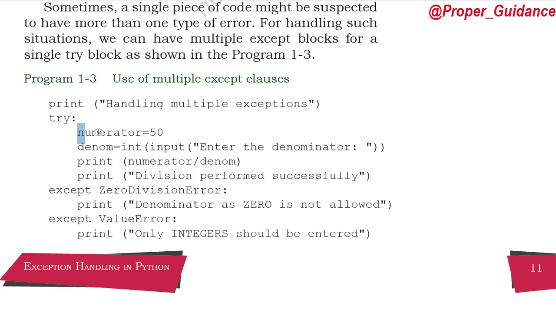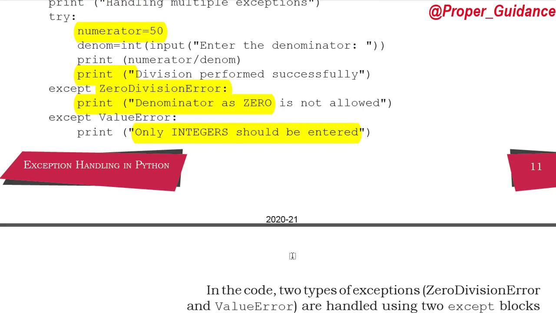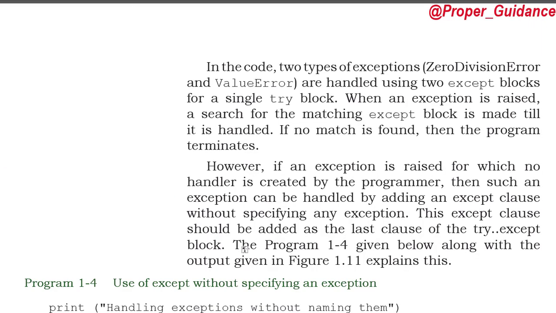Try numerator, denominator, print this, except ZeroDivisionError, except ValueError, only integers should be entered. So we can handle it. In the code, two types of exceptions are handled using two except blocks for a single try block. This is vital: two types of exceptions are handled using two except blocks for a single try block.